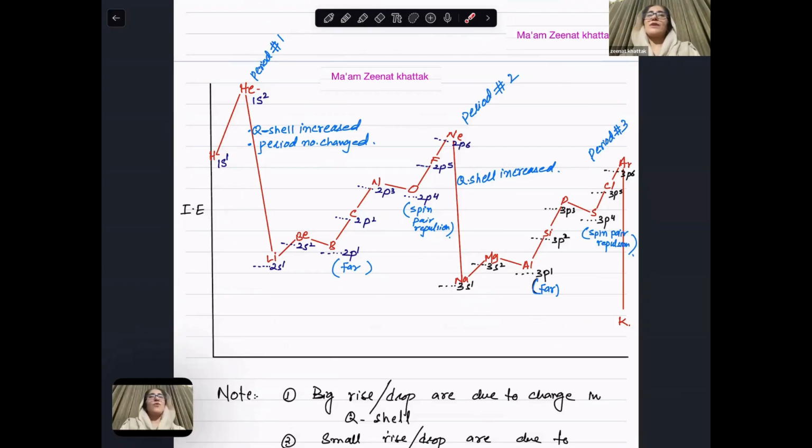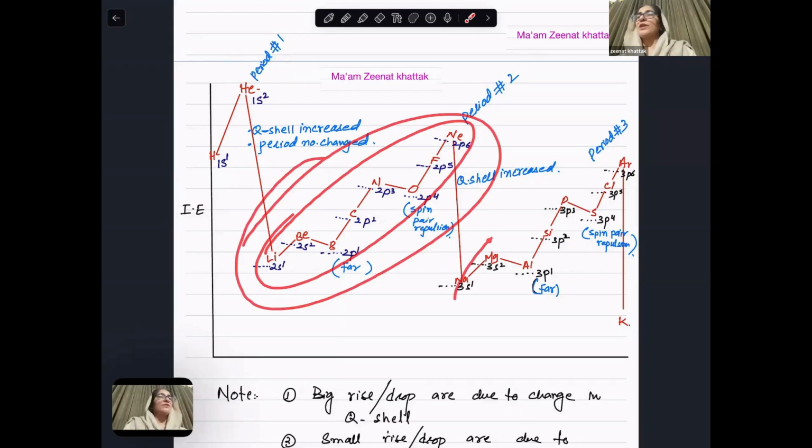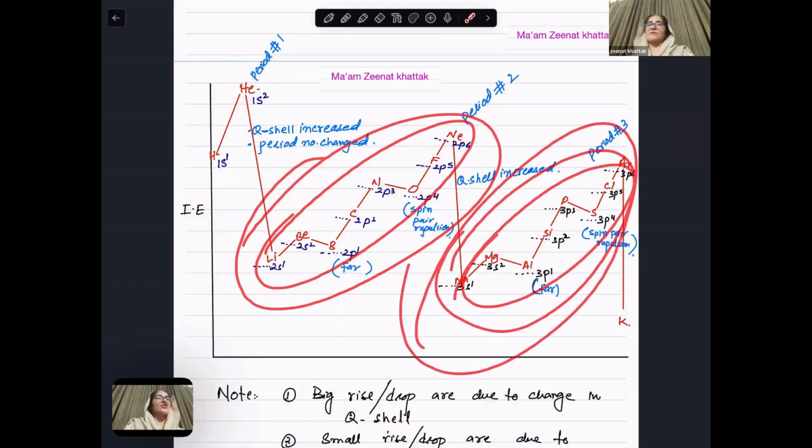Look, one electron and one proton, the attraction is less. Two protons, two electrons, the attraction is more. And then what happened? The quantum shell changes. These are period 1 elements, 1 shell. These are period 2 elements, 2 shells. These are period 3 elements, 3 shells.